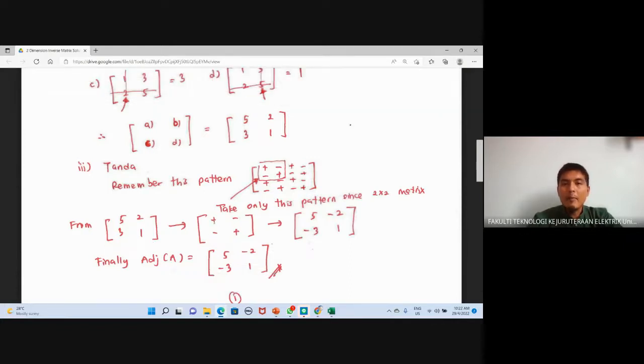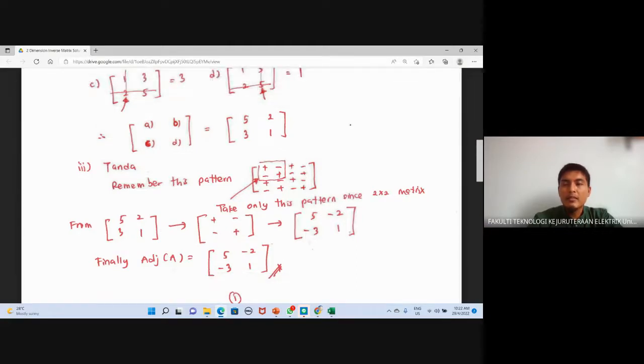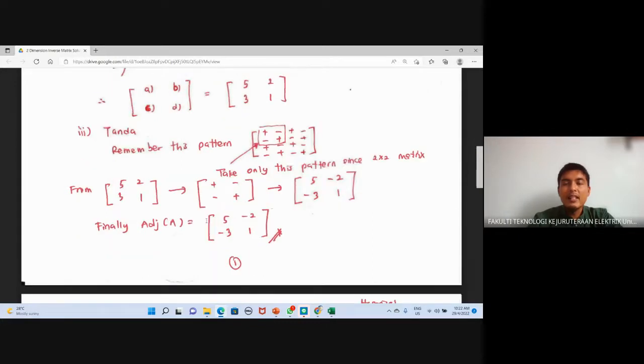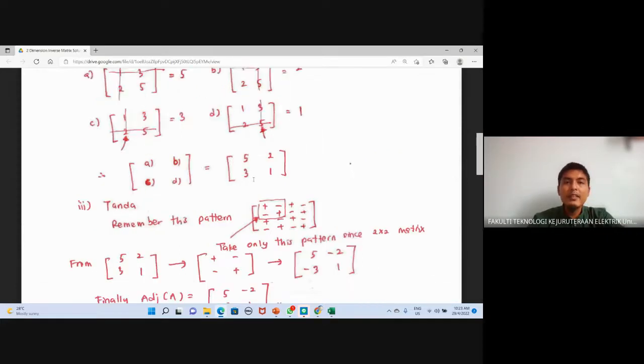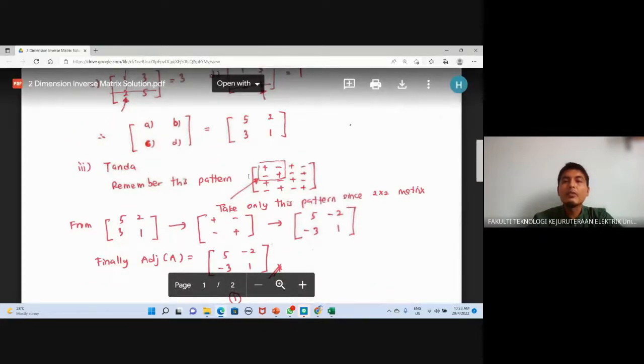Then you overlap the sign onto the tutup output, and you get positive 5, negative 2, negative 3, positive 1. So finally, the adjoint of A you obtain is 5, negative 2, negative 3, and 1. Just remember these 3 steps: transpose, tutup, and tanda. For the tanda, you need to remember this pattern.